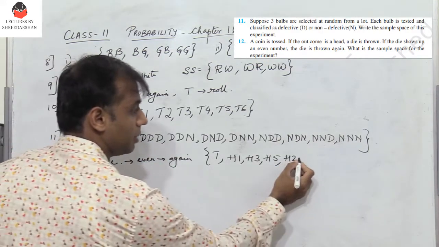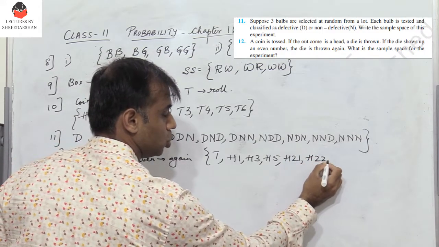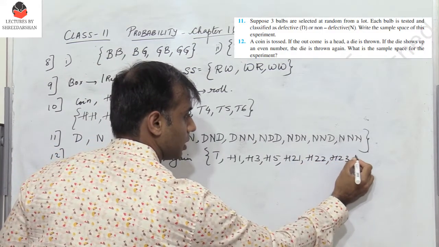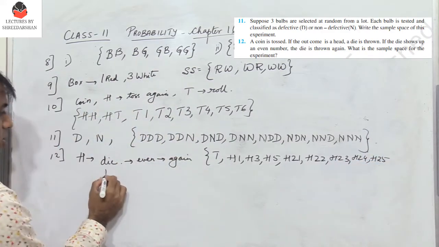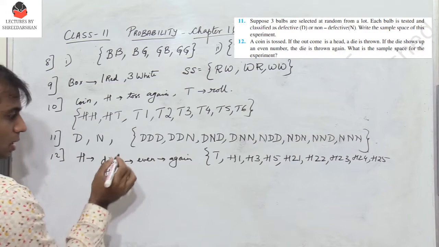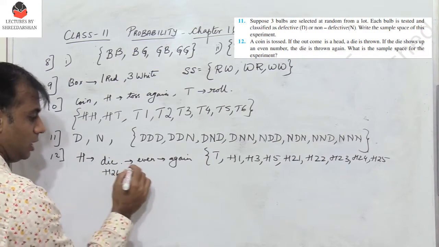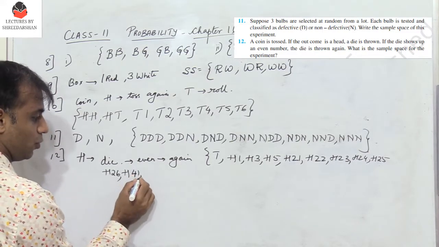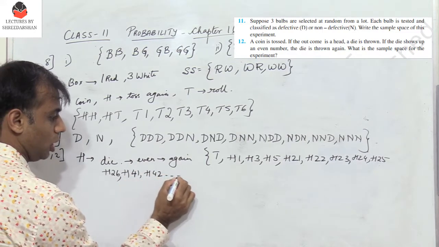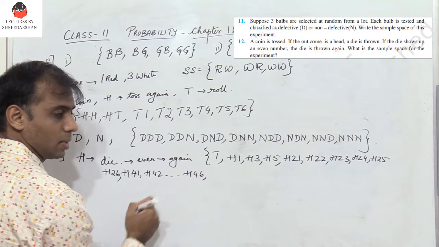So in that case, I may get 1, then H22, H23, H24, H25, and then H26. I have a head. If I get an even number 4, again I am throwing the die. So I may get H41, H42 up to H46.